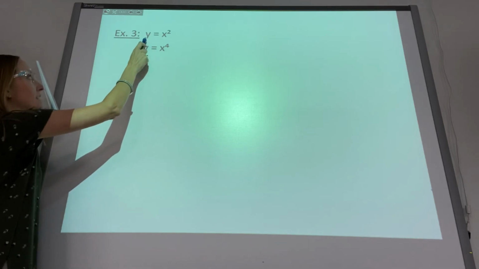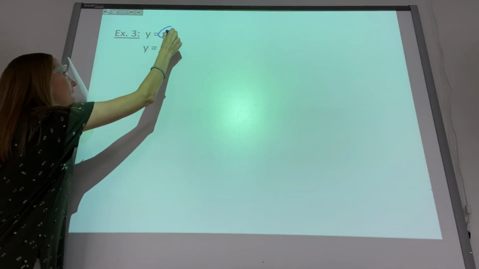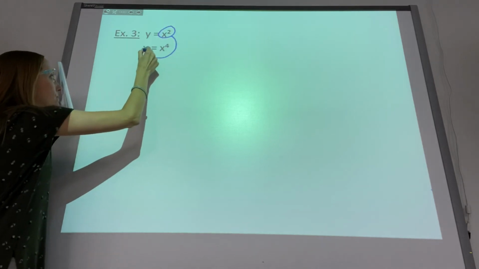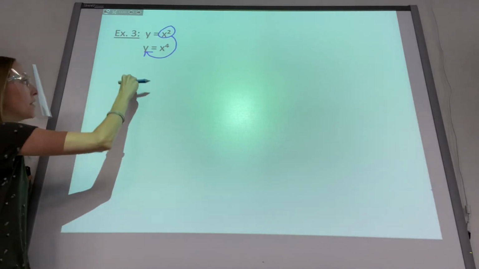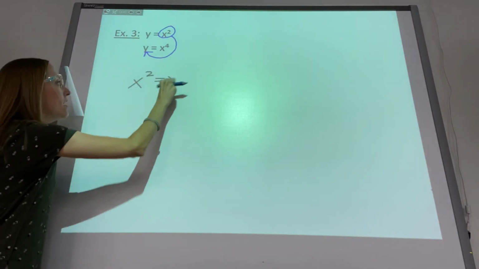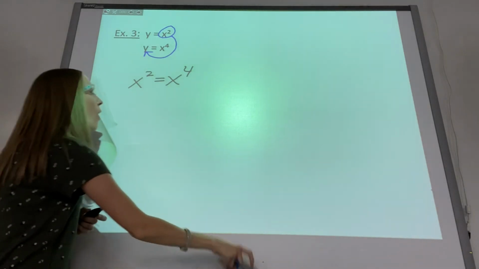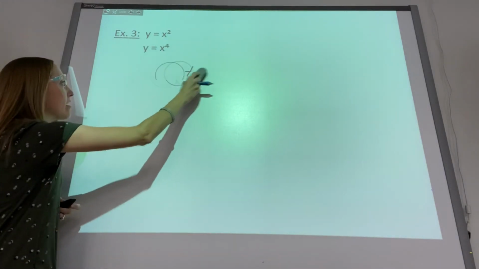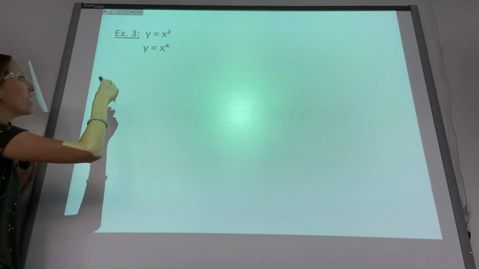Since this says y equals x squared, you could take that x squared and plug it in for y in the bottom. So it would say x squared equals x to the fourth. Or, if my memory serves me correctly, I think I might have done it the other way.